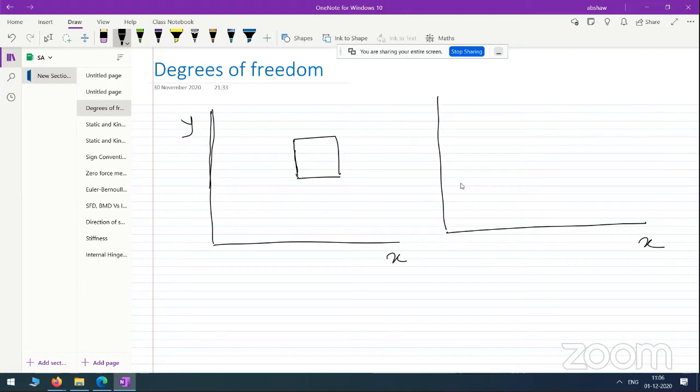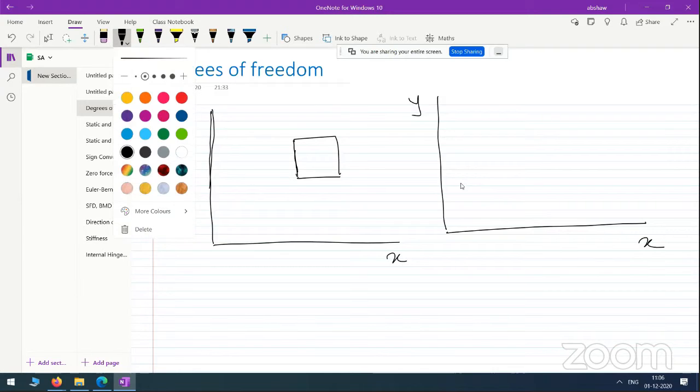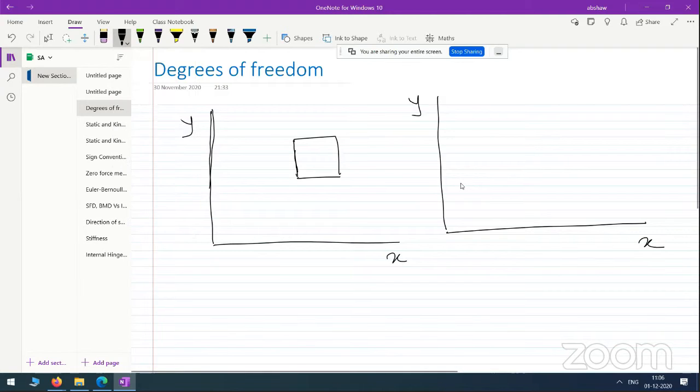I am giving an example in 2D. Suppose this object is somewhere here, and then this object moves to somewhere else. This is the new configuration, the new position of the object.